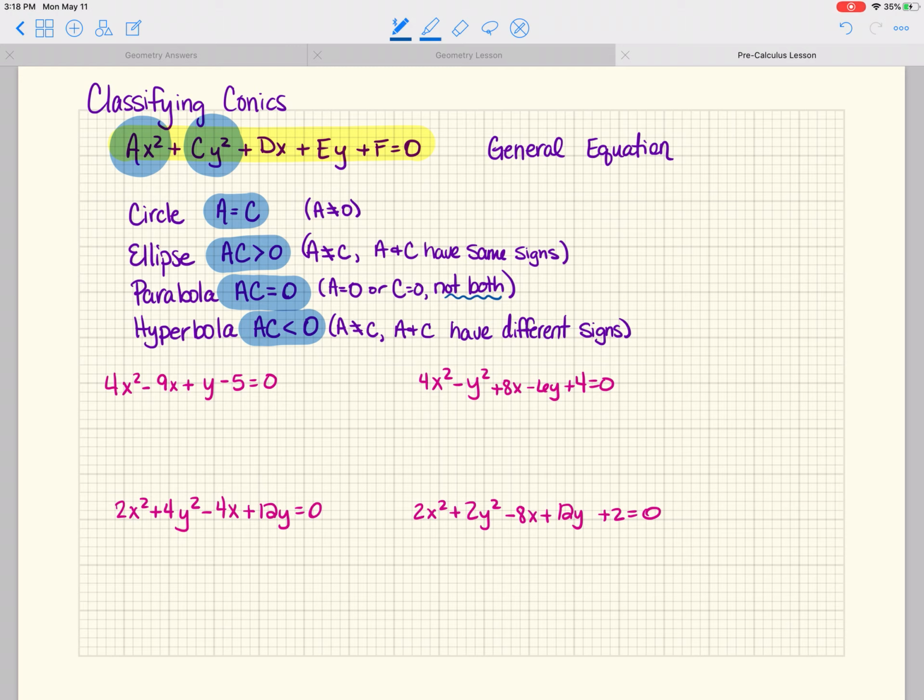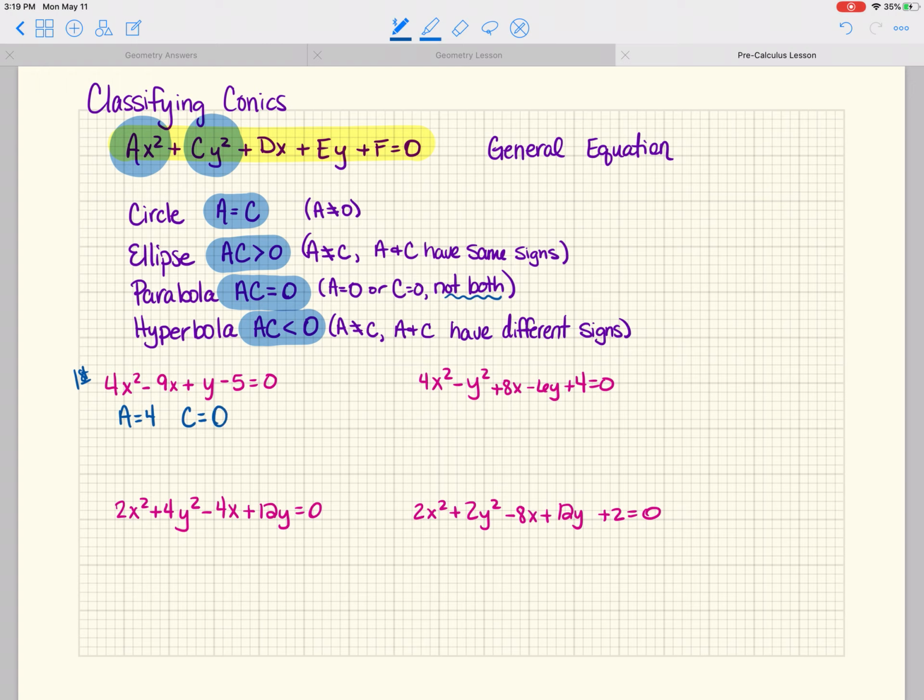So I've given you 4 equations down here, and let's see if we can match up which type of conic we're looking at. In this first example, I notice that my x squared term is 4, and my y squared term is missing, so that means it's 0.